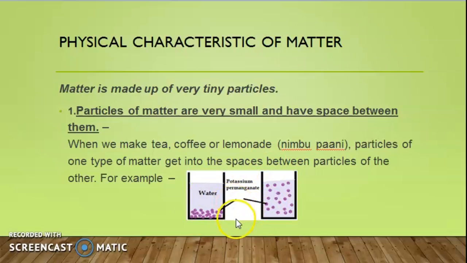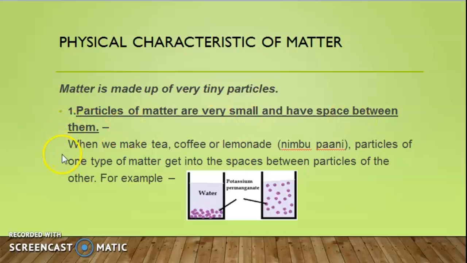If we take either sugar or potassium permanganate and dissolve it in water, after some time it disappears, or we can say it gets easily mixed with water, which proves that there is intermolecular space present between the particles of water. So this proves that particles of matter are very small in nature and have space between them.